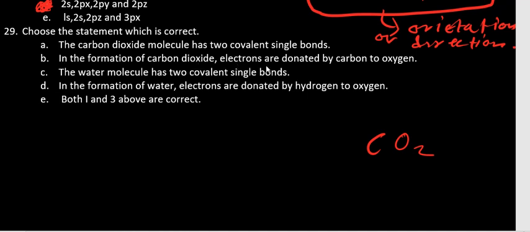In the formation of carbon dioxide, electrons are not donated. Instead, they are shared. The water molecule has 2 covalent single bonds.